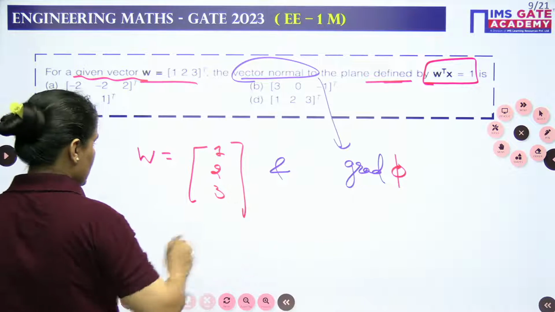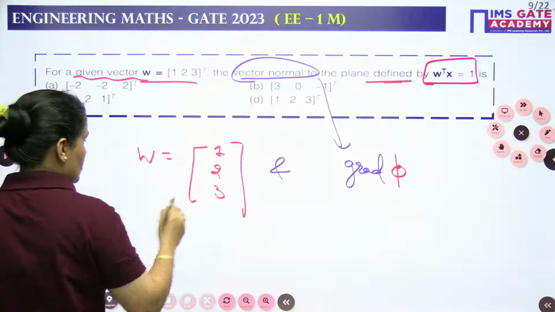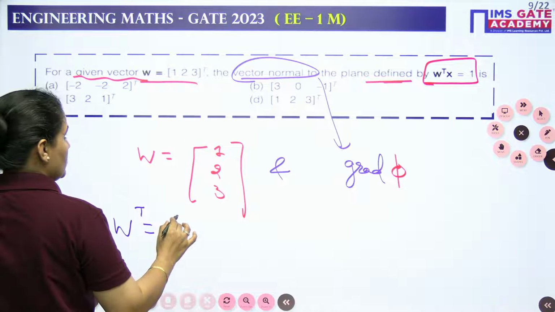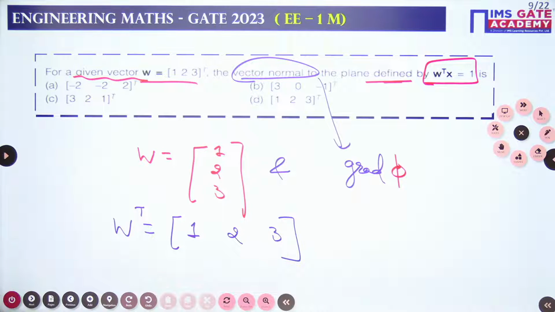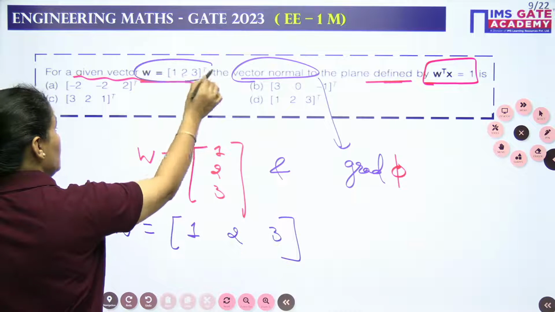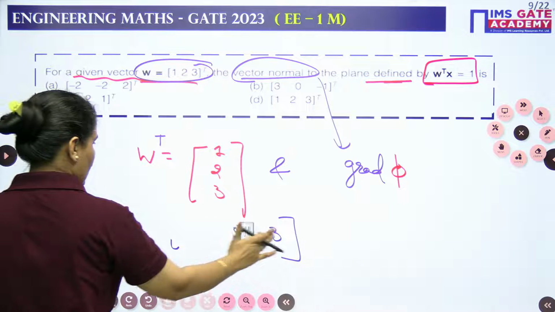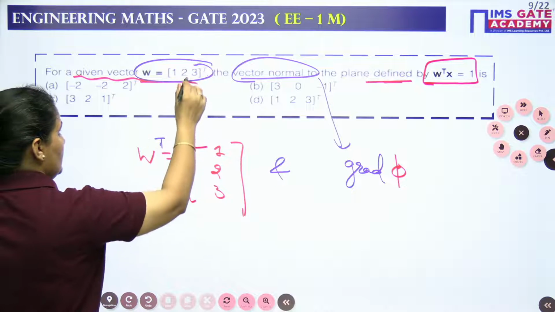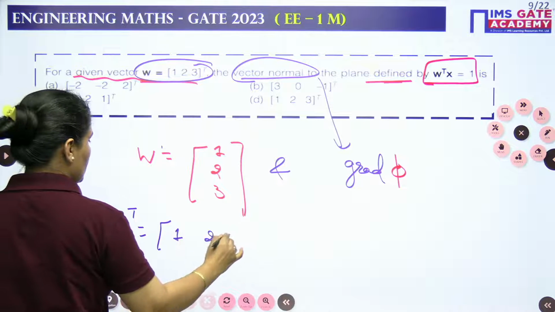Let's have a discussion. What I will do, I will write down whatever is given: w transpose x is 1. If this is w, you can write down your w transpose. So w transpose will be 1, 2 and 3 only, right? If your w is 1, 2, 3 transpose, then my w transpose will be 1, 2 and 3.